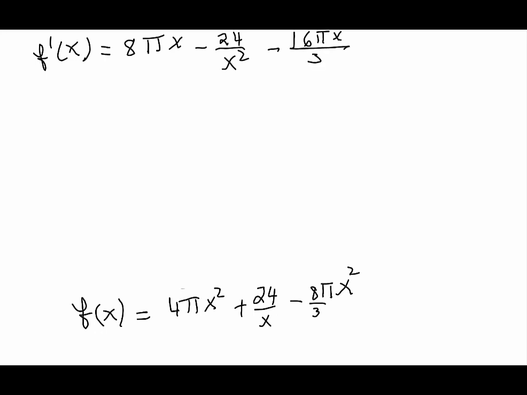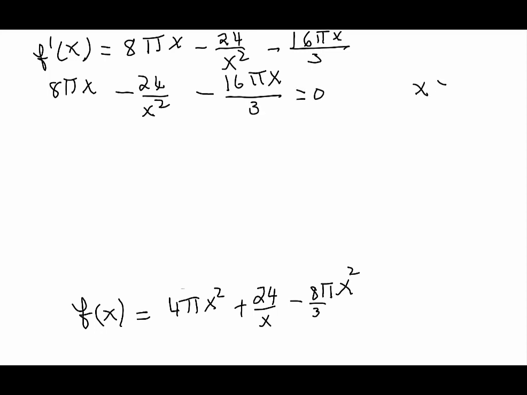3. Now in order to get the critical numbers, we will set this quantity equal to 0, and of course we know that our x has to be greater than 0, so we get 16 pi x over 3 equals 0, and x greater than 0.